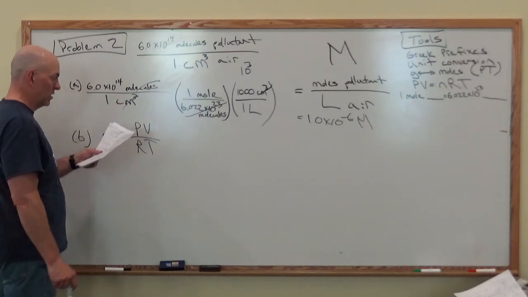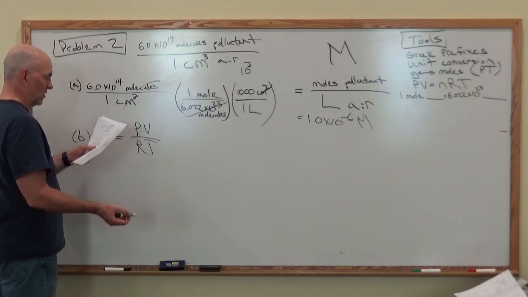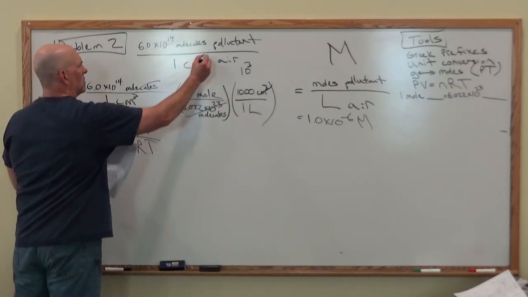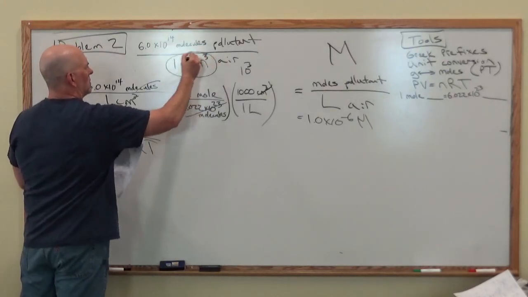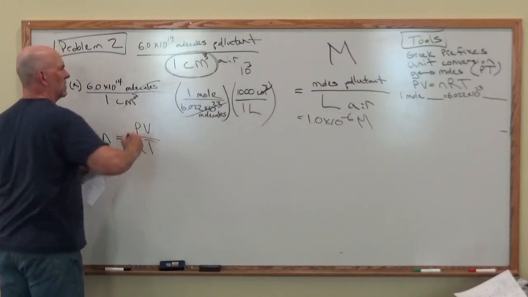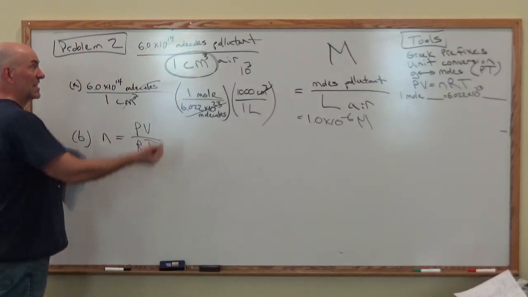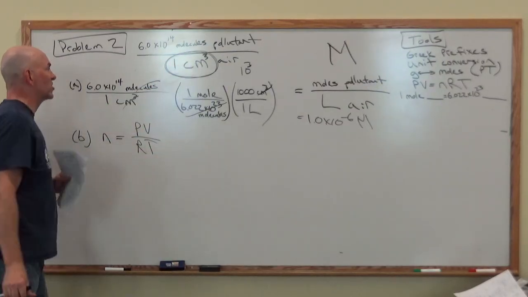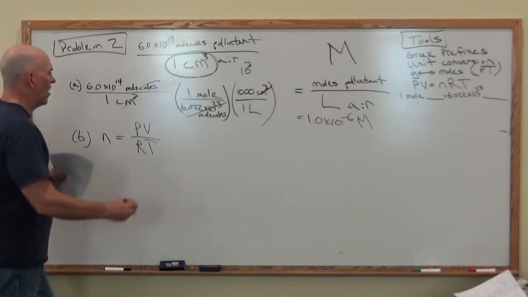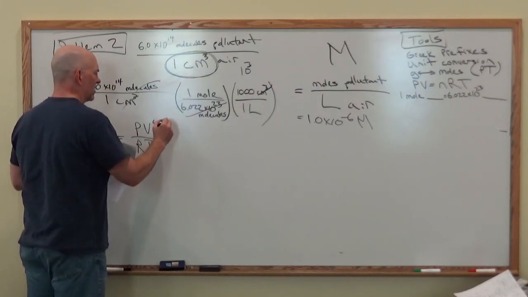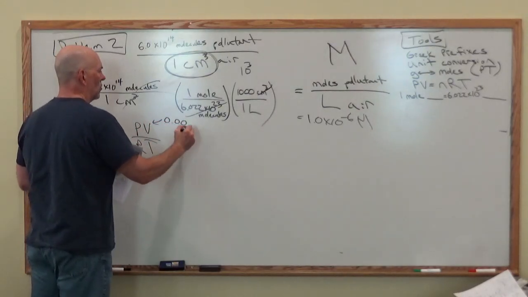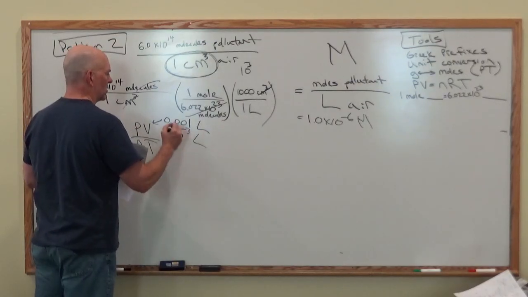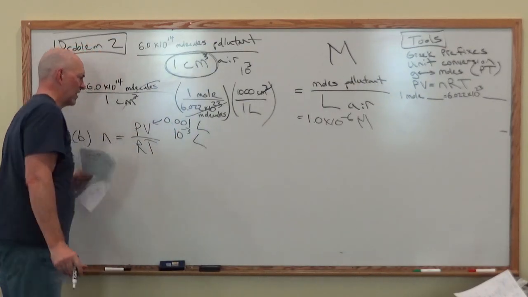Our volume is given to us in the original problem. It's this many molecules per 1 cubic centimeter. Well, what's the volume? If it's 1 cubic centimeter, that's the same thing as 0.001 liters, or 10 to the minus third liters. I think that's right.